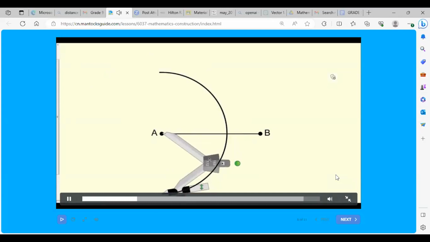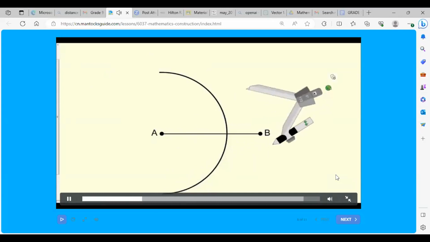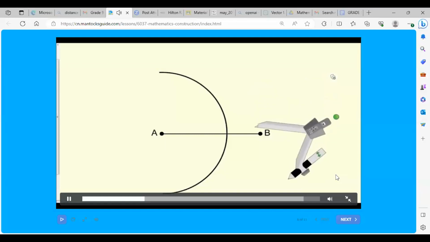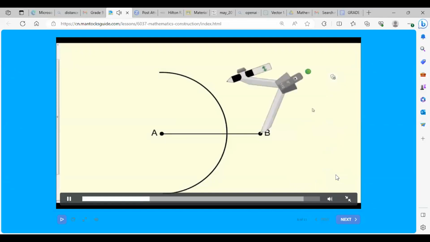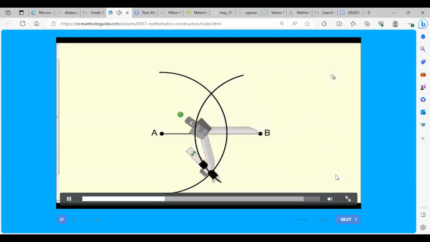Next we're going to move the compass to point B, and do the same thing. We're going to keep the length of the compass exactly the same. It's crucial that you do not change the length of the compass for this step. Now we're going to swing another semicircle in such a way that the new semicircle intersects the original one twice.